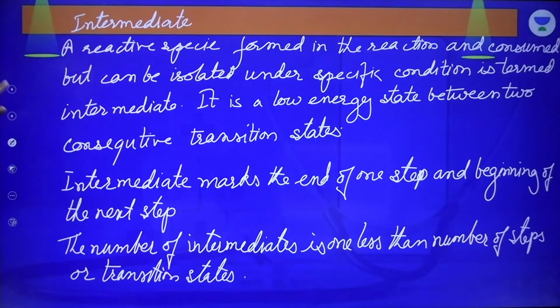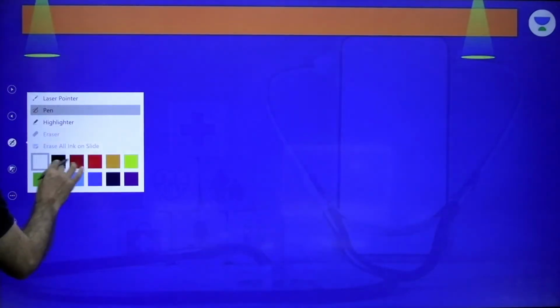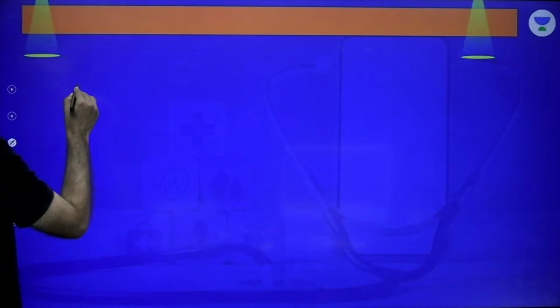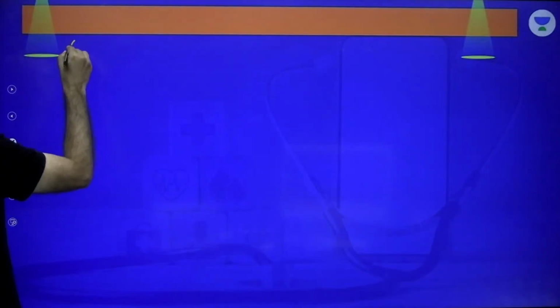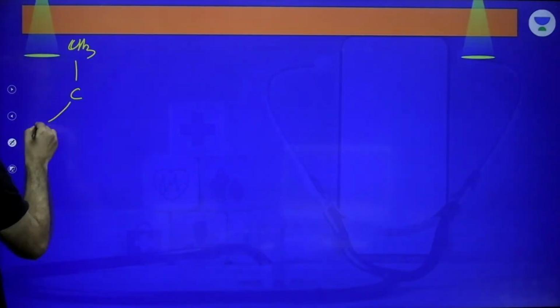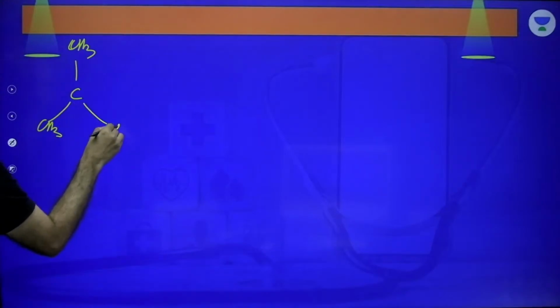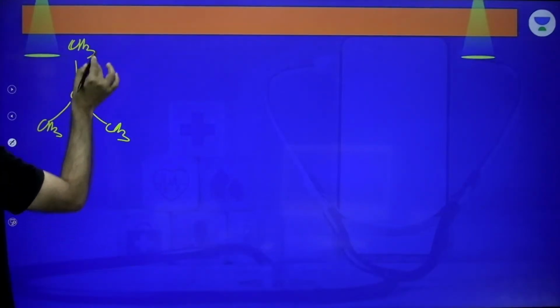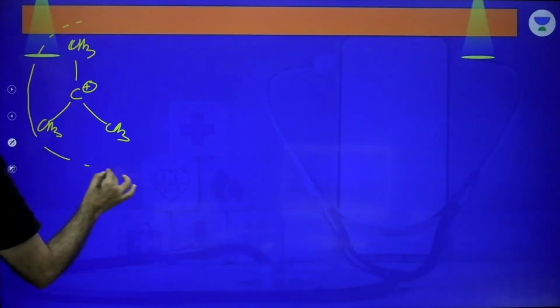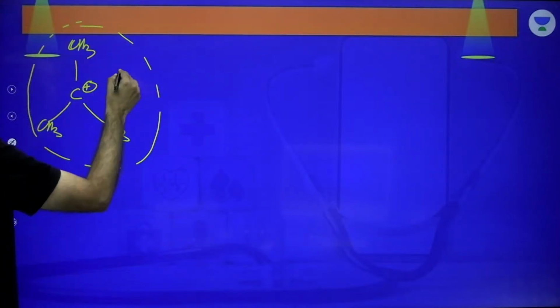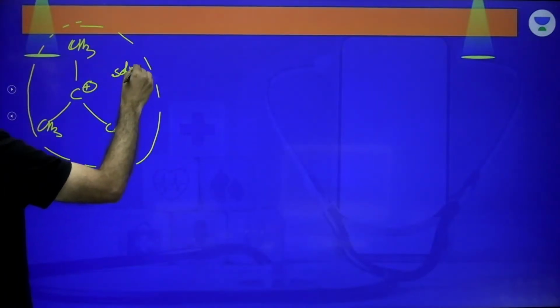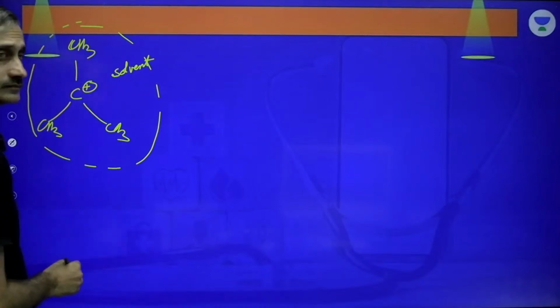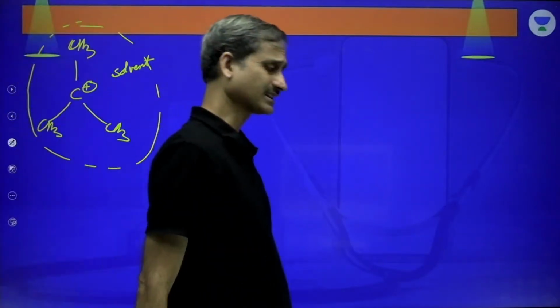Okay. Now what happens next? This is the carbocation. Now this is surrounded by the solvent. The ions do not exist in the gaseous phase.